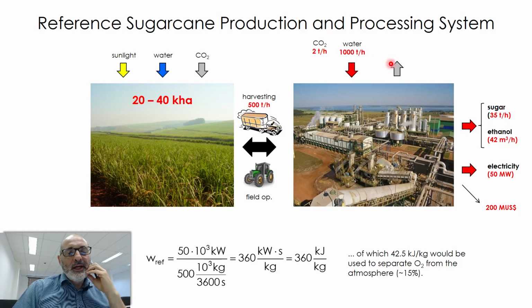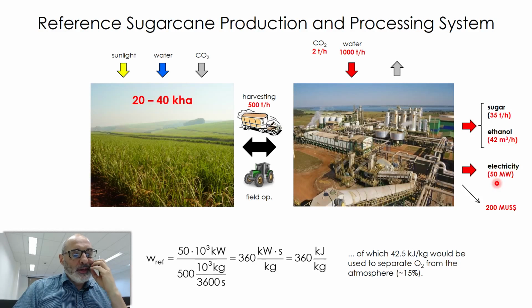It also emits something around, I don't remember, 90 or 100 tons per hour of CO2 when we burn bagasse. Some arrows and titles are missing here. And we export 50 megawatts of electricity.